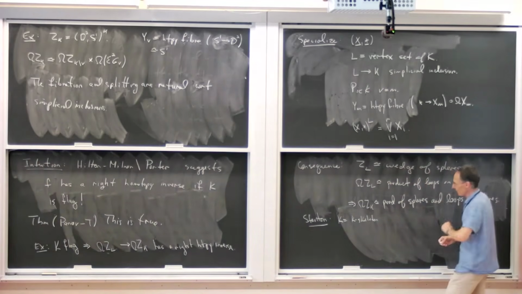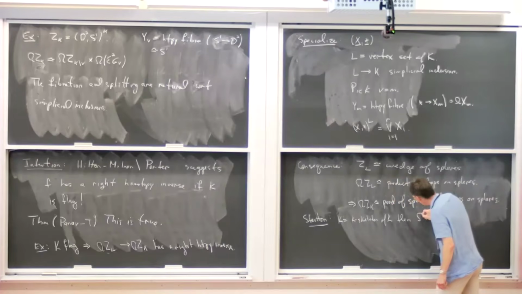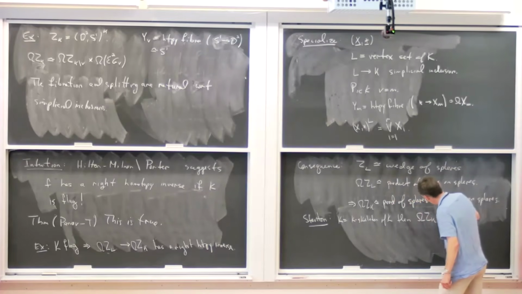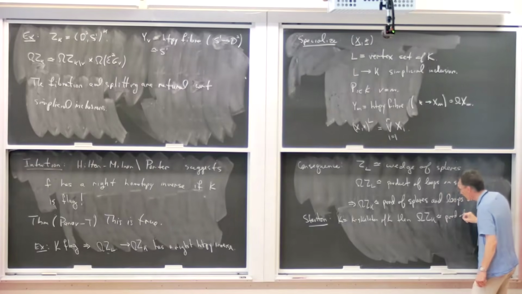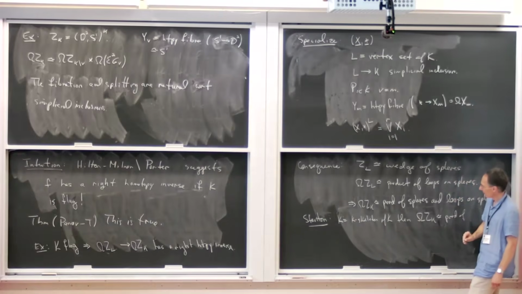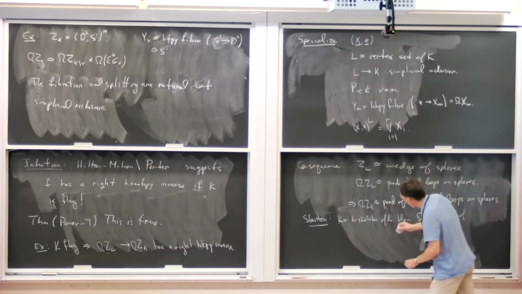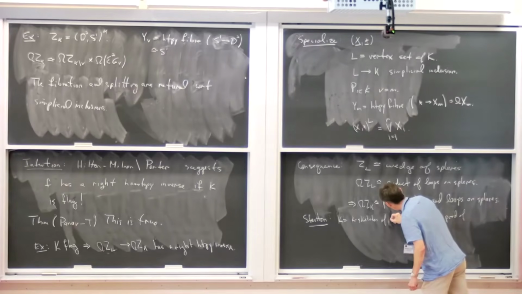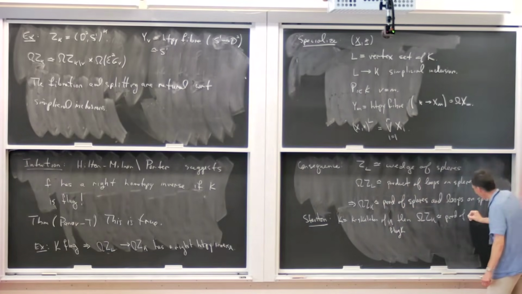Right. So Lewis Stanton recently showed that if K is the K skeleton of a flag complex, then this is a product of spheres and loops on spheres.